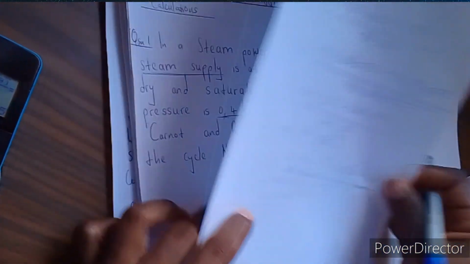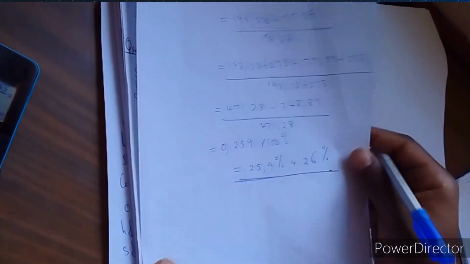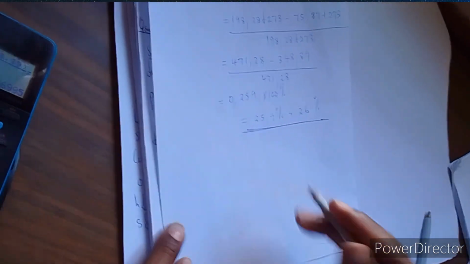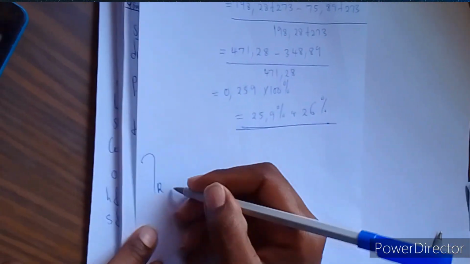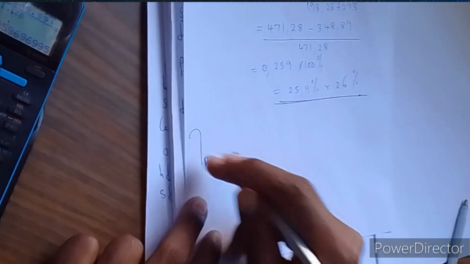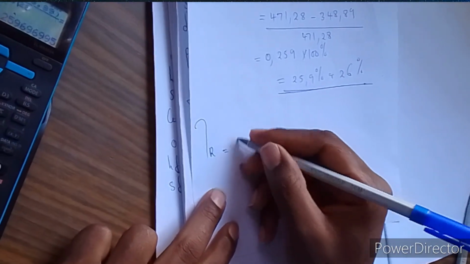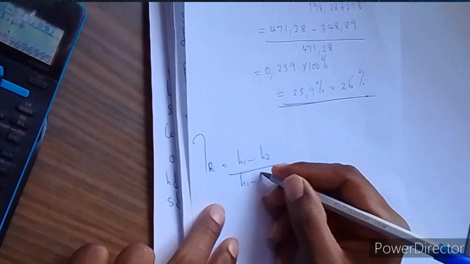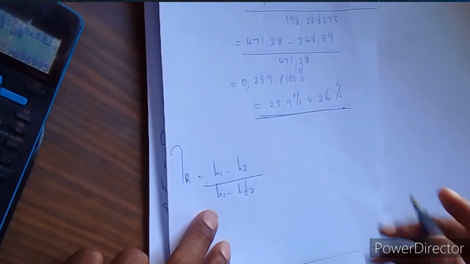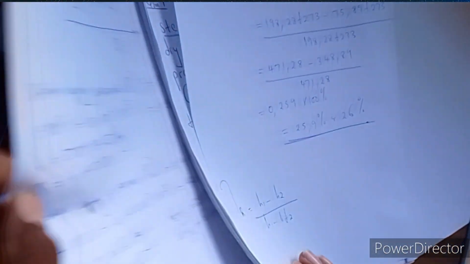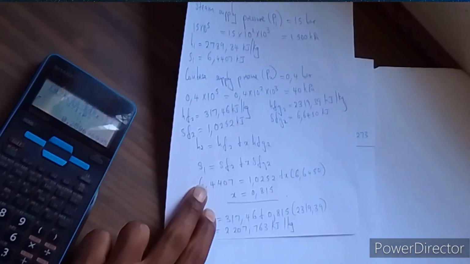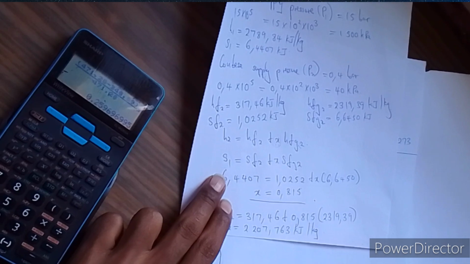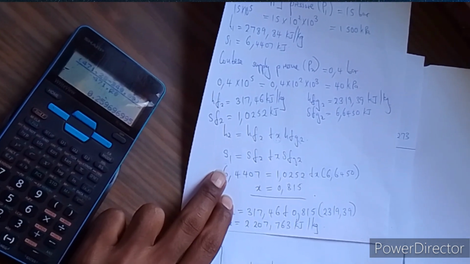So now we are moving to the Rankine efficiency. When we are working out the Rankine efficiency, we know that the formula for Rankine efficiency is H1 minus H2 over H1 minus HF2. So we are going to look on this paper where we are writing our information. Our H1 here is 2789.84.